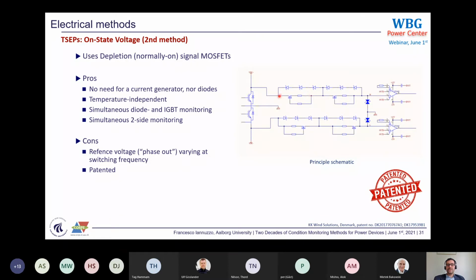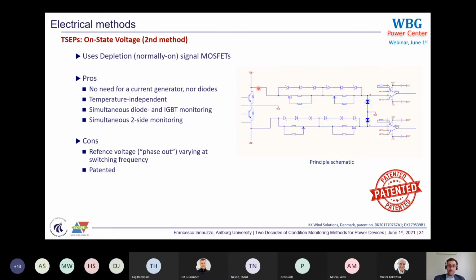So when the drain voltage increases, the current here increases and the source voltage increases. This means that the gate-to-source voltage becomes negative, and it becomes more and more negative until this MOSFET turns off. And this protects the electronics against the high voltage.